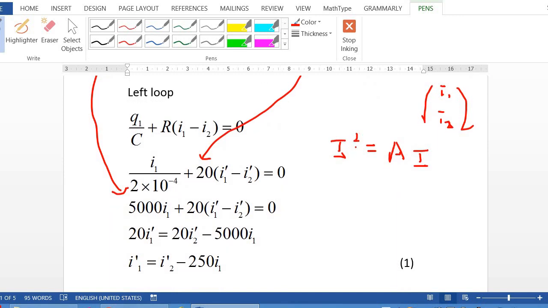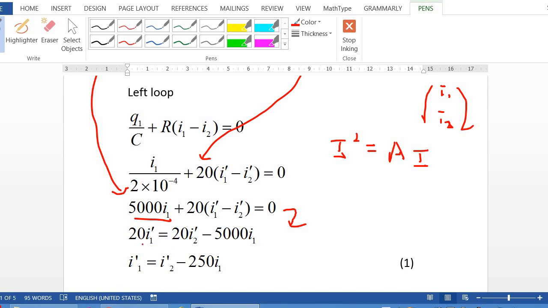So in order to get I prime equal to A I, we would like the first equation to be di1/dt. Hence, from here, we make I1 prime the subject. We have 20 I1 prime equal to minus 20 I2 prime, which brought to the right-hand side becomes 20 I2 prime, and the term 5000 I1 brought to the right-hand side becomes minus 5000 I1.